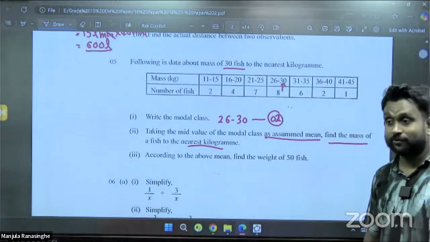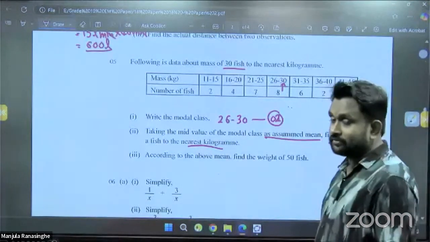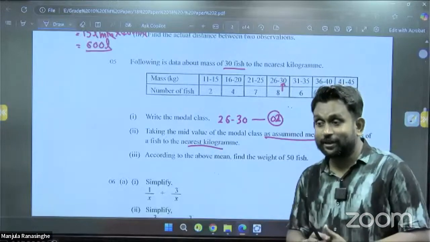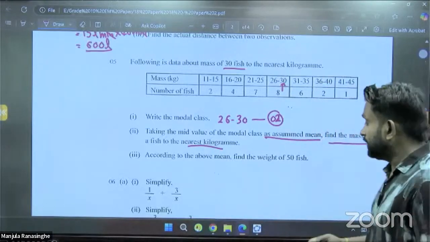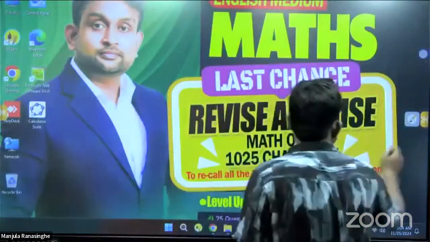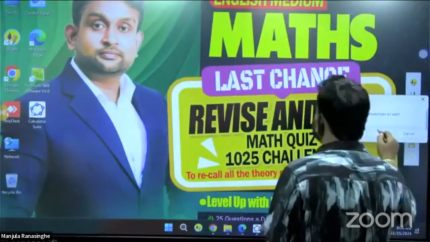Right, then we have to practice that also. Right, some students didn't know about the assumed mean because all the questions are done by the mid value. Right, now I will show you the assumed mean. Right, this is how the assumed mean comes.